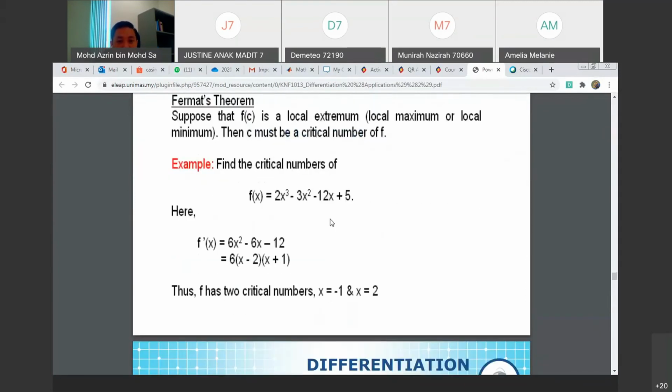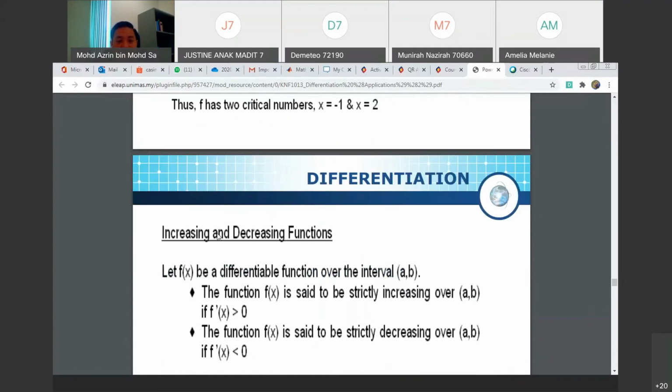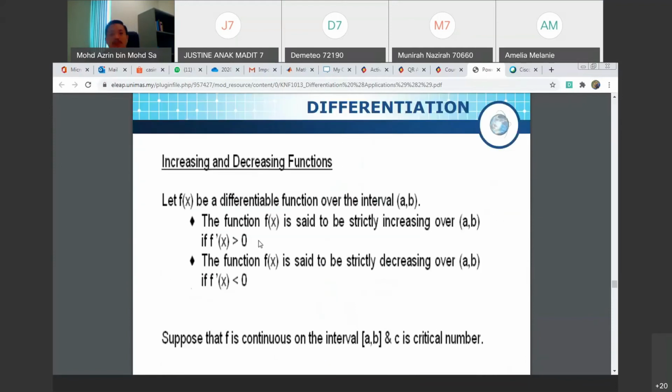This is for Fermat's theorem. There is one more, increasing and decreasing functions. So there are so many theories. Take a differentiable function over the interval (a, b). The function f(x) is said to be strictly increasing over (a, b) when f'(x) is more than 0.